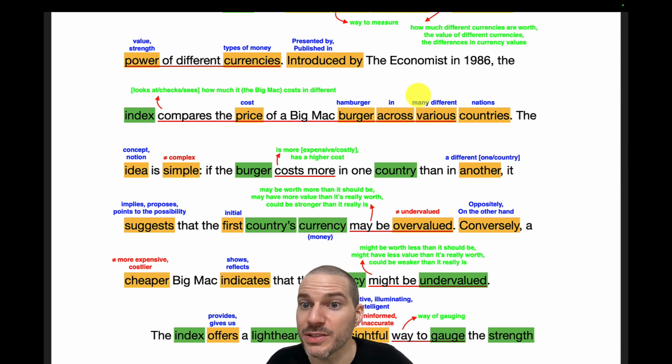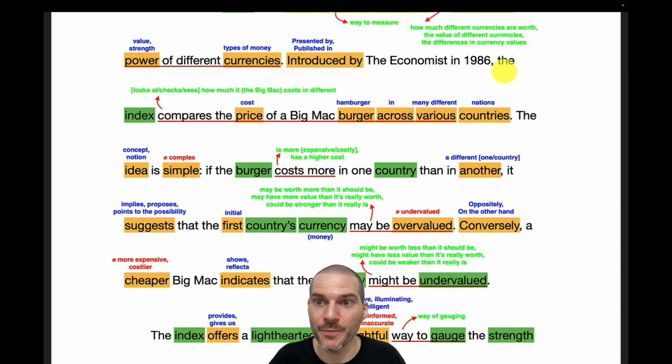So various means many different, but this I reworded. Introduced by The Economist in 1986, the index looks at, checks, or sees. So choose one verb. Looks at how much it is the Big Mac, cost in different countries.